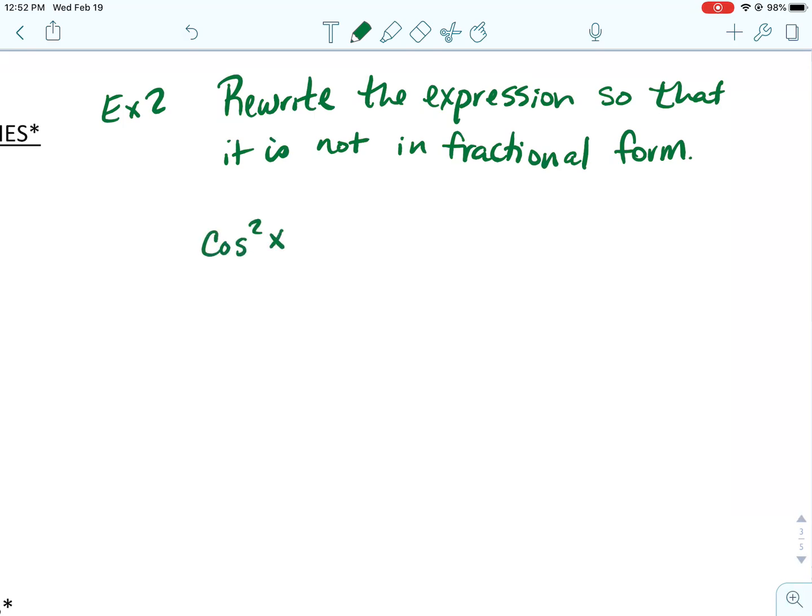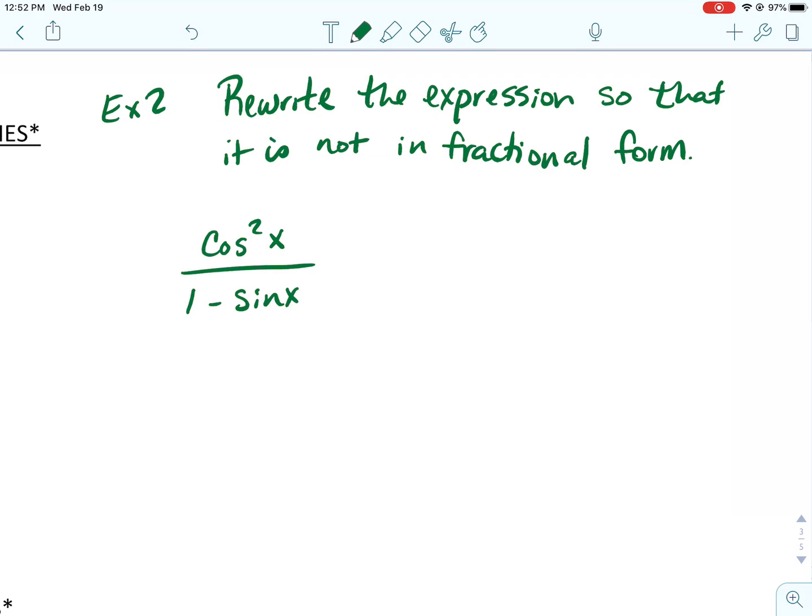Okay, so this one we have cosine squared of x over 1 minus sine of x. I'm pretty sure we did this one the other day using identities and then factoring. But I want to show you another way to do it if you wanted to. Sometimes this helps. So basically what we want to do is get rid of our denominator somehow using properties.